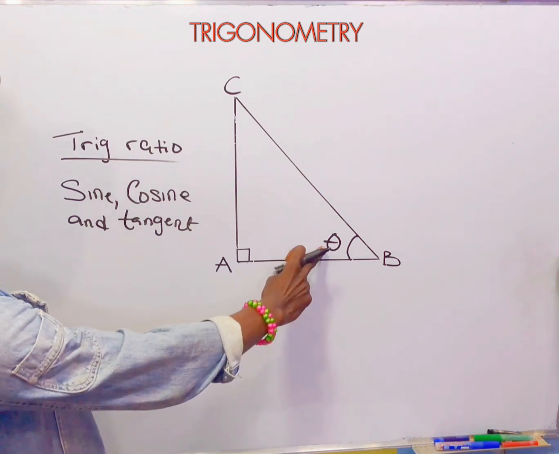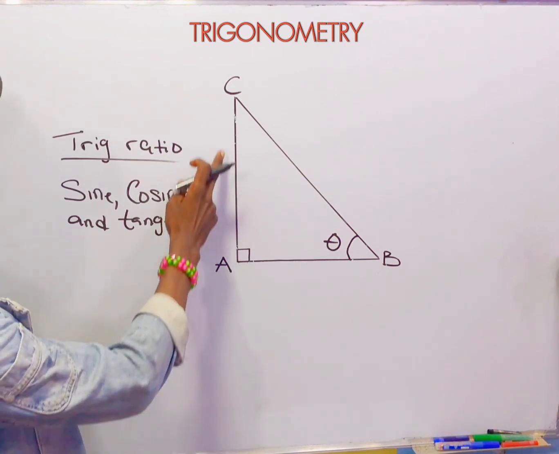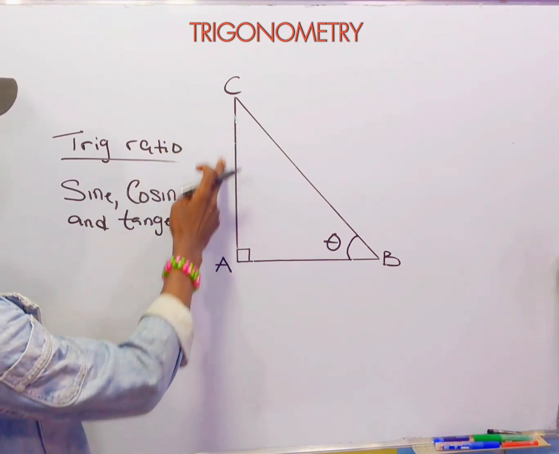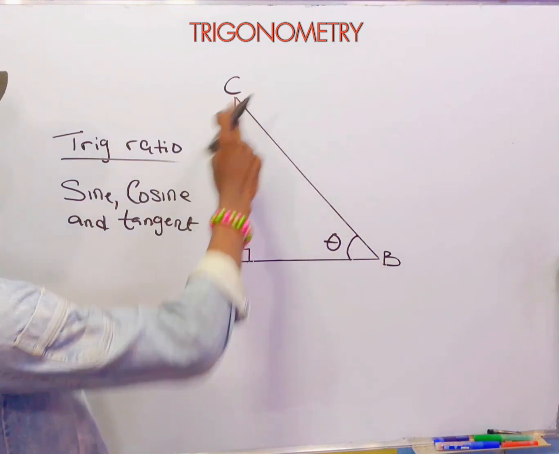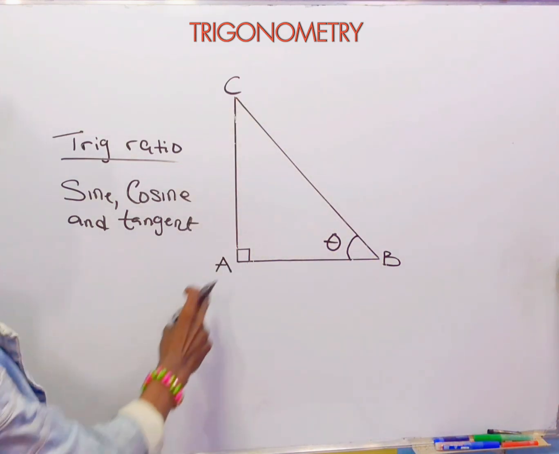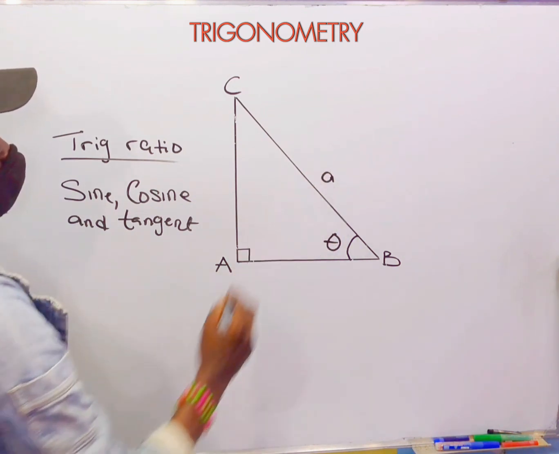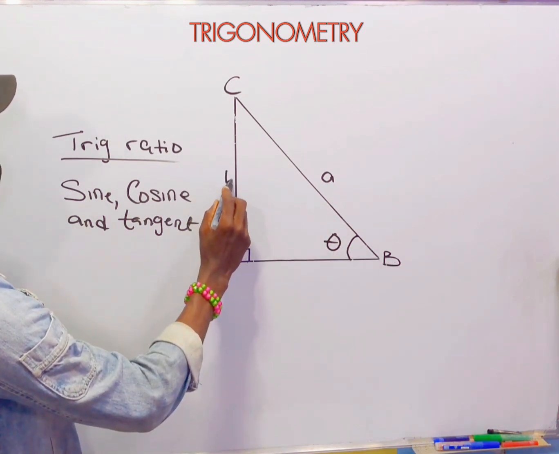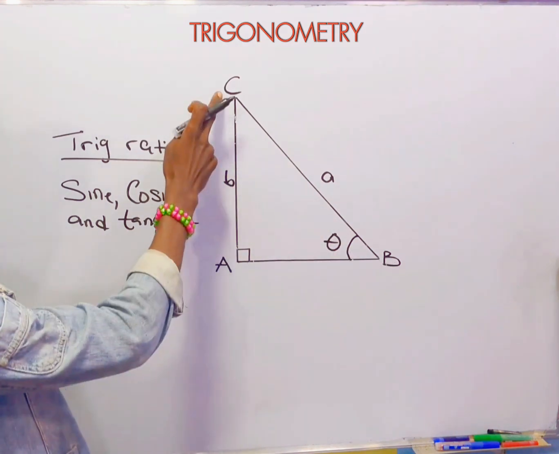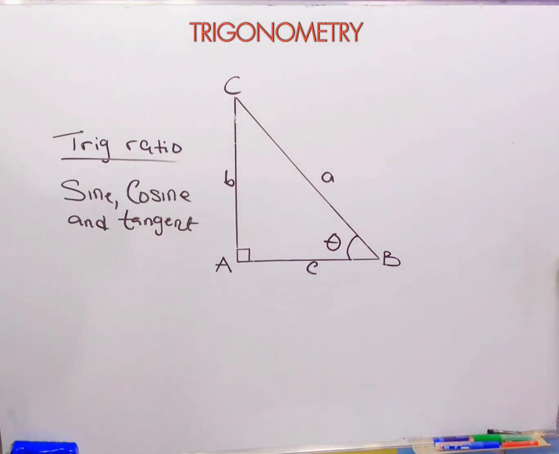To find theta, or to find side AC, side AB, or side BC, let's call the side opposite A small a, the side opposite B small b, and the side opposite C small c.